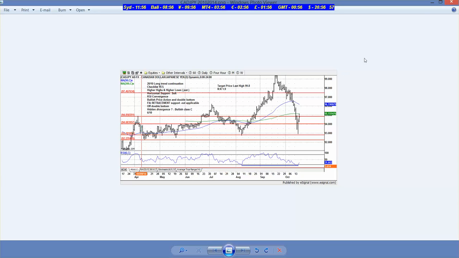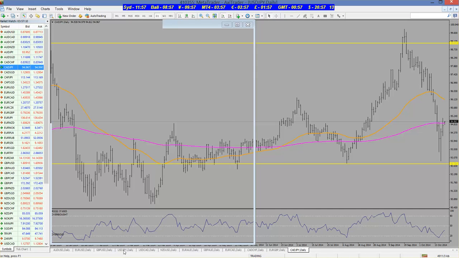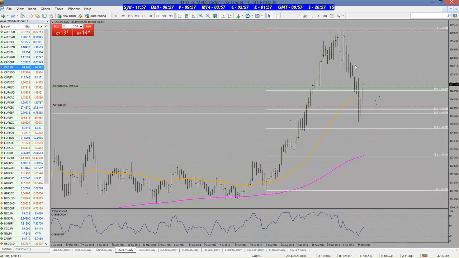My only concern there is, as I said, I've only put 0.7 on my dollar yen, because I don't see it running hard, and my concern with the dollar yen is this area here.